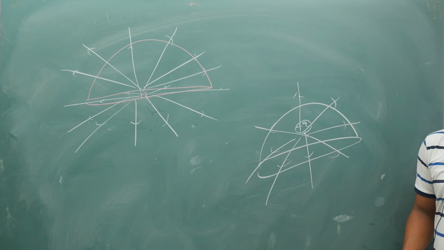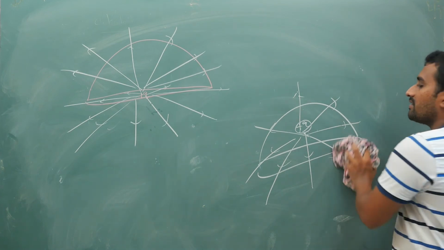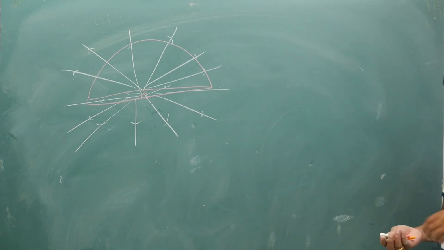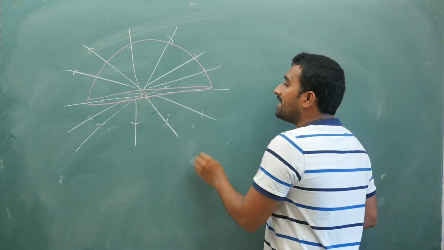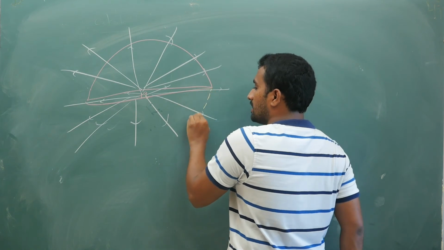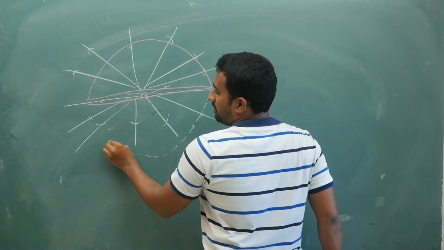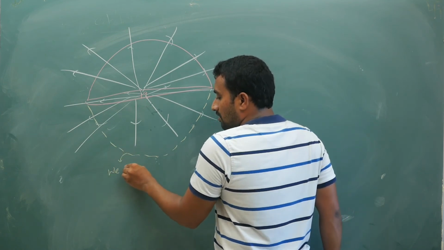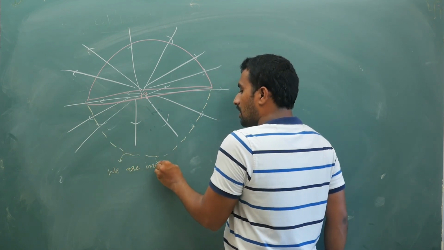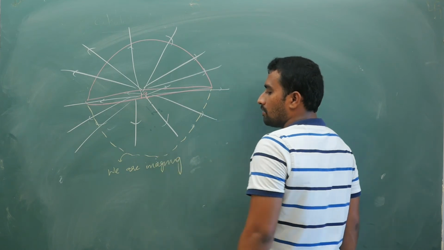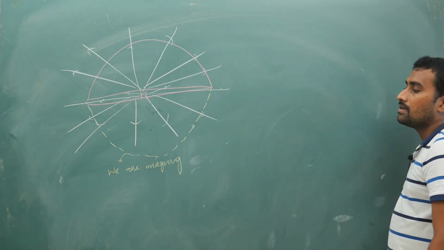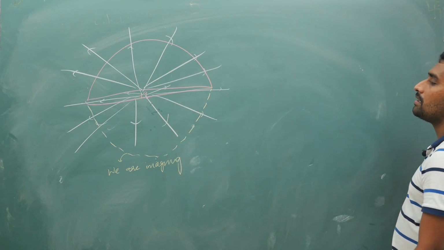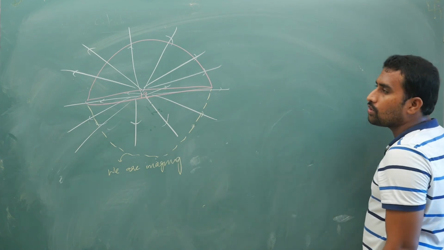So how will you calculate the flux in this case? If you bring another identical hemisphere like this, which we are imagining, he will not give it in the question, then it becomes a closed figure.